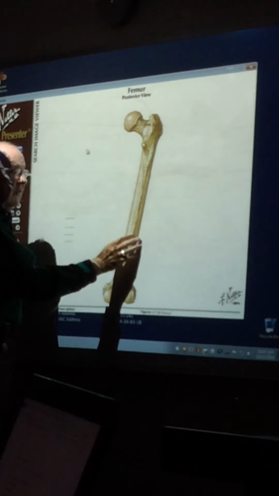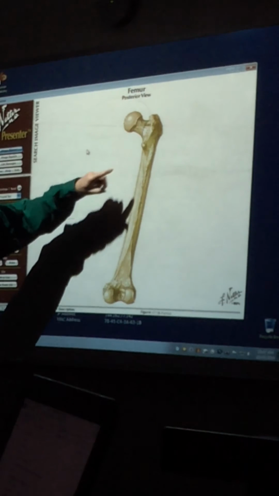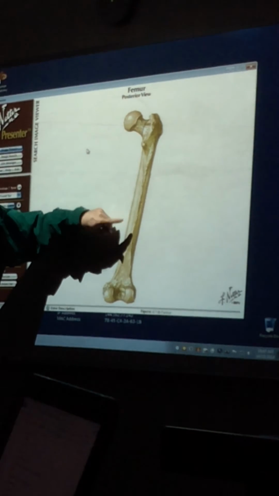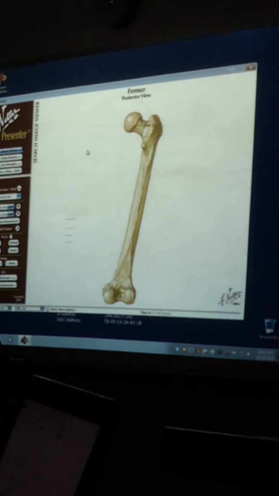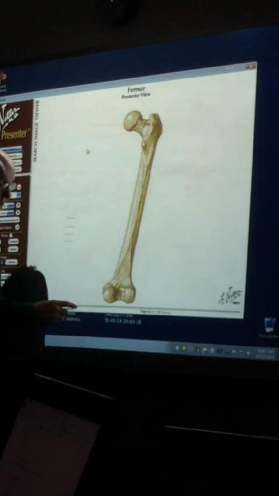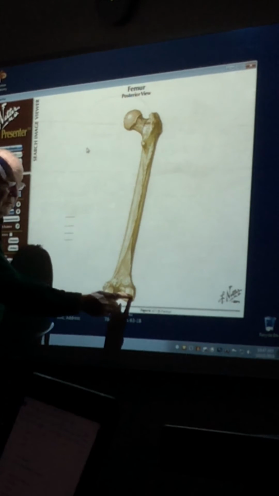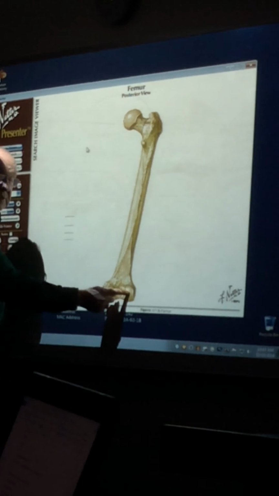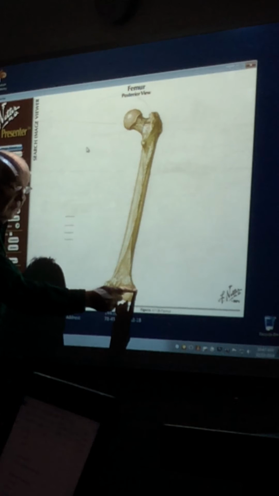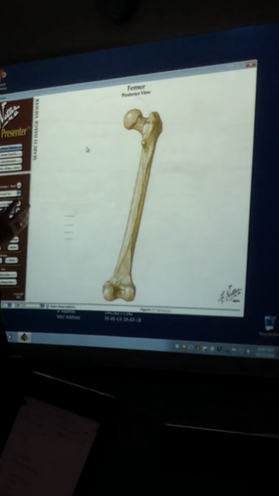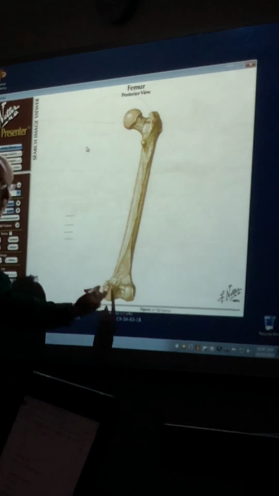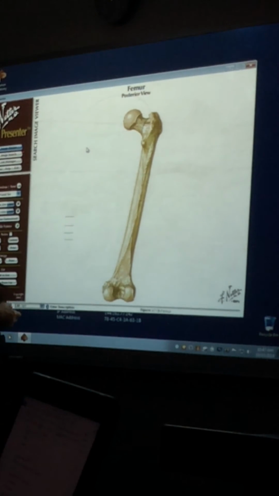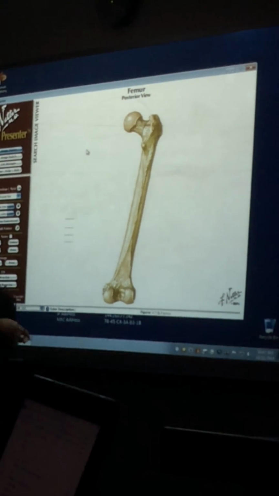So what are the two things you have on the shaft? The gluteal tuberosity and the linea aspera. Then you come down here, the articulating surface is a condyle. One is medial, one is lateral. There's the medial portion, and this is the lateral. What's the name of that epicondyle? Lateral epicondyle, and medial epicondyle. And there's your intercondylar notch. And then the adductor tubercle.